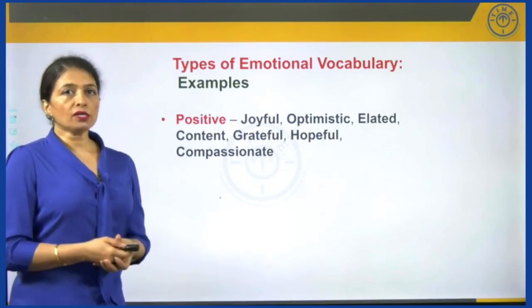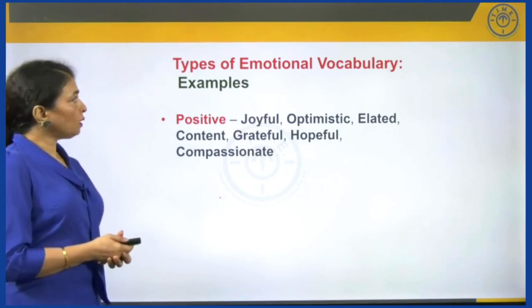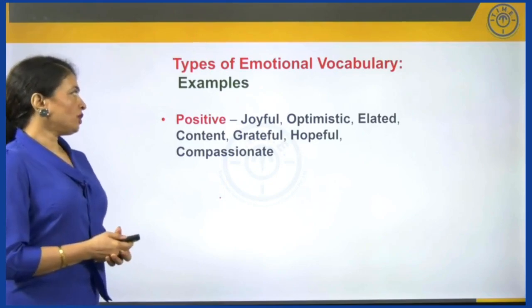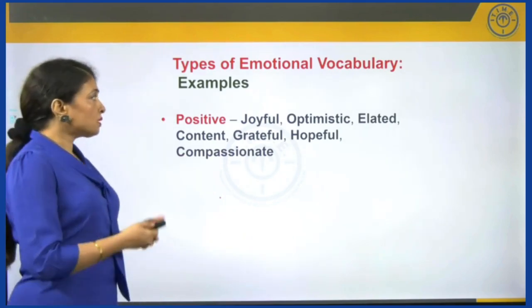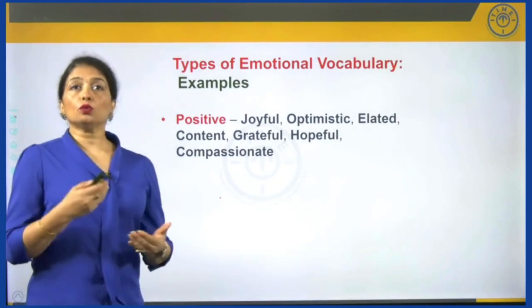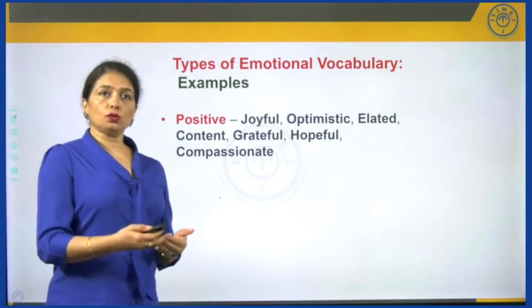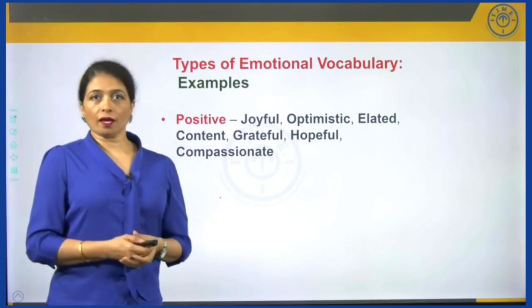The first of them was positive. Examples of positive emotional vocabulary are words like joyful, optimistic, elated, content, grateful, hopeful, compassionate. I could go on, and please do try to add more which are consistent with the ones that I have here for you.